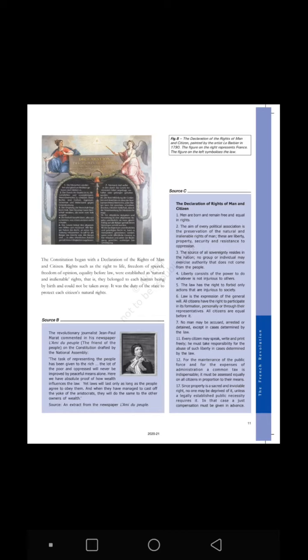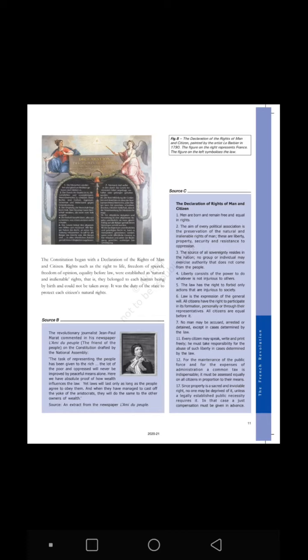Source B. The revolutionary journalist Jean Paul Marat commented in his newspaper L'Ami du Peuple on the constitution drafted by the National Assembly: "The task of representing the people has been given to the rich.